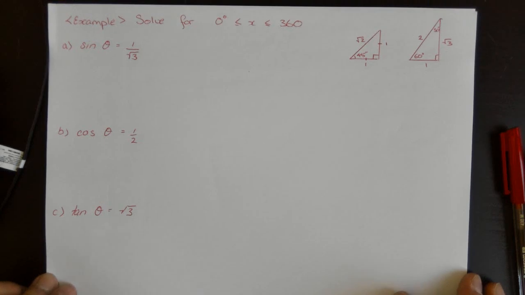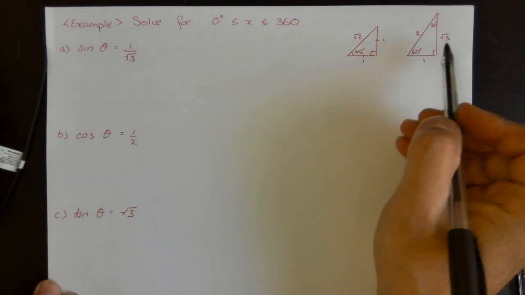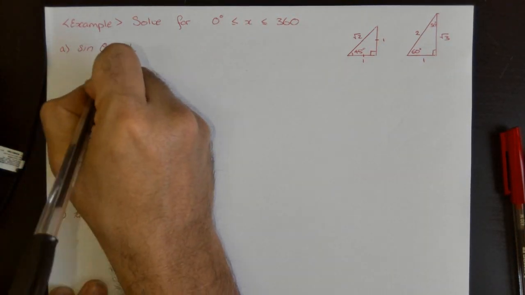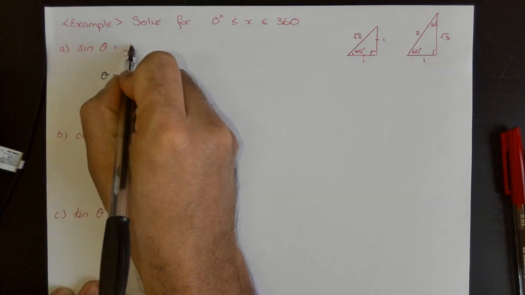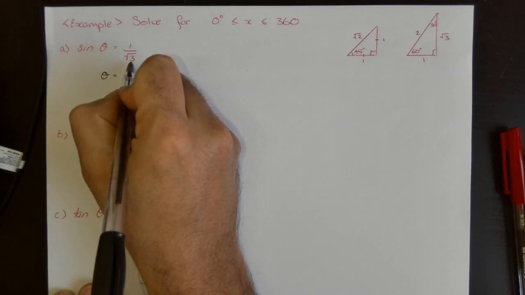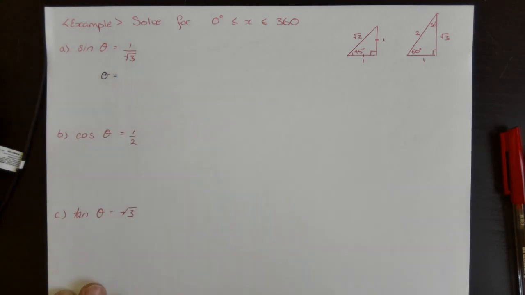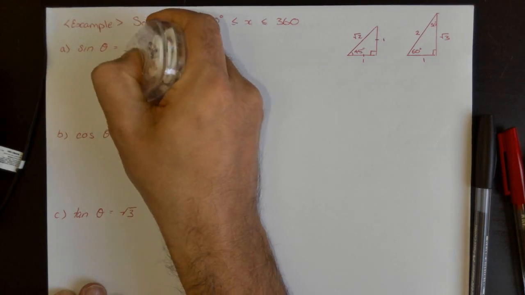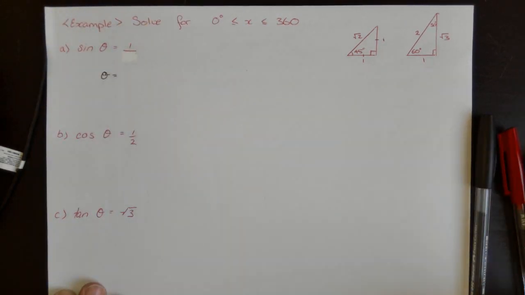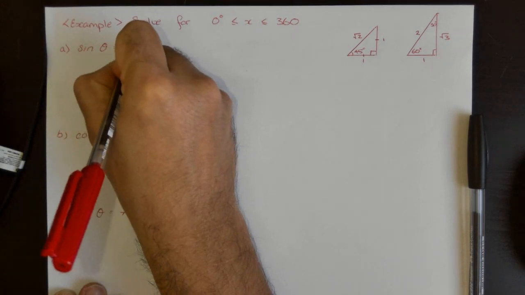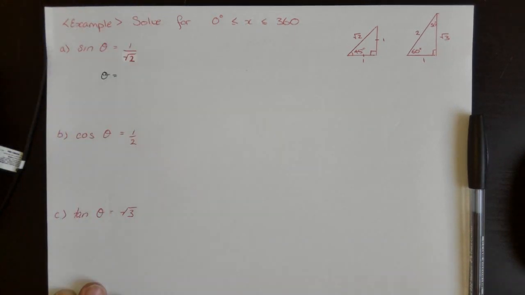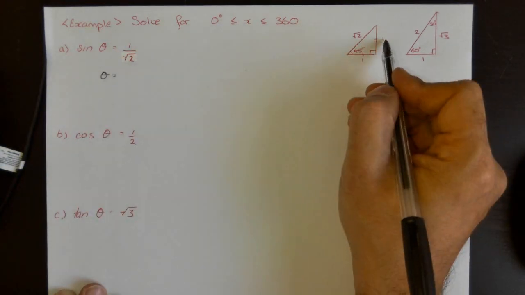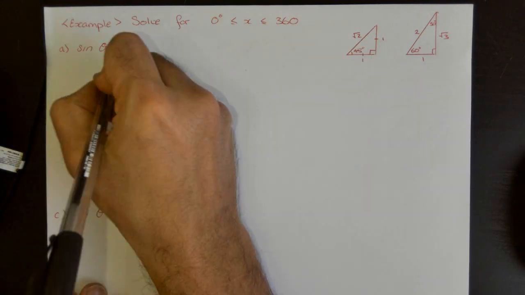Often we're going to be asked to find the solutions using exact ratios. So if I want sine theta equals a third, so that's when the opposite is 1 and the hypotenuse, no, that can't be right. Let's say 1 over root 2, where the opposite is 1 and the hypotenuse is root 2, well, that's 45 degrees.